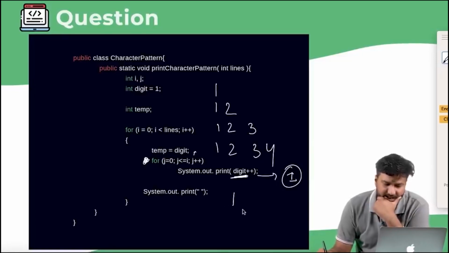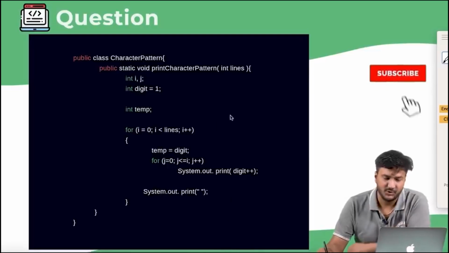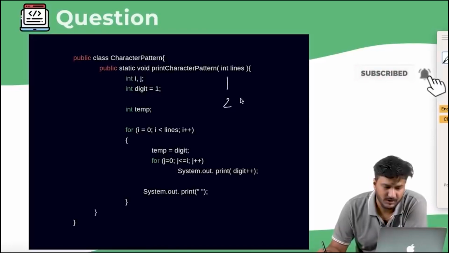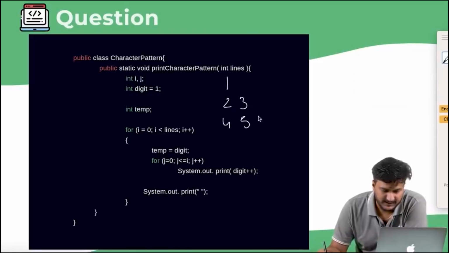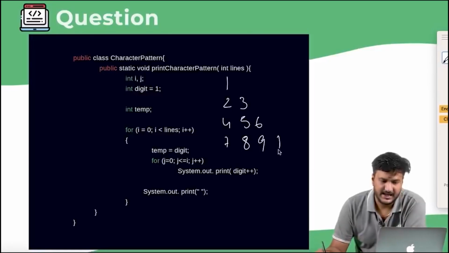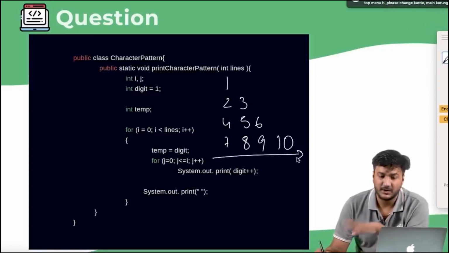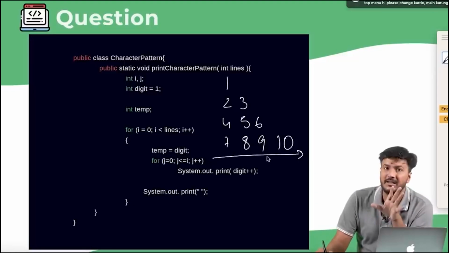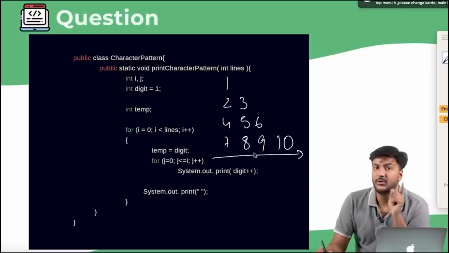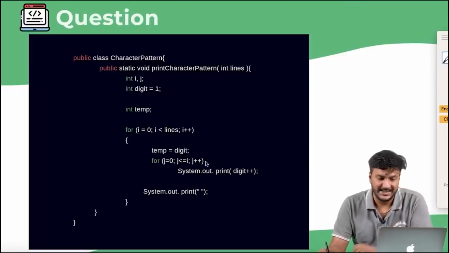The second time, digit did not get reassigned to 1 again. So 2, then 3, then 4, 5. Basically what this program would do is print 1, 2, 3, 4, 5, 6, 7, 8, 9, 10. Even though this is a good pattern, it is a little wrong according to the expected output.